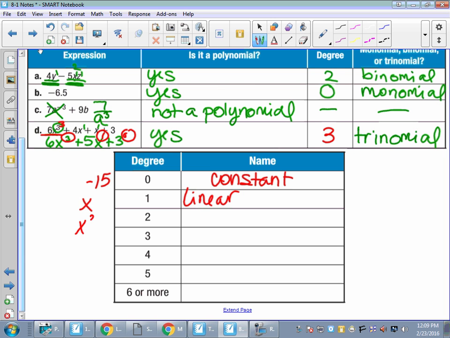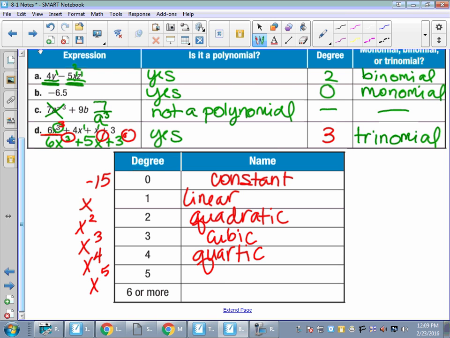Anything that has a degree of x squared is quadratic. Things that are cubed are called cubic. Things to the 4th power are quartic, like 4 quarters or a quart of milk, 4 quarts in a gallon. And then another name for 5 is quintic.